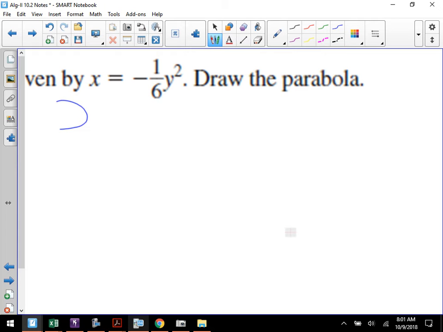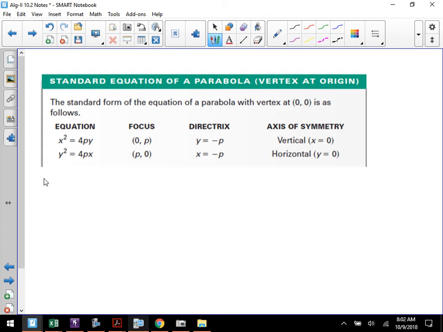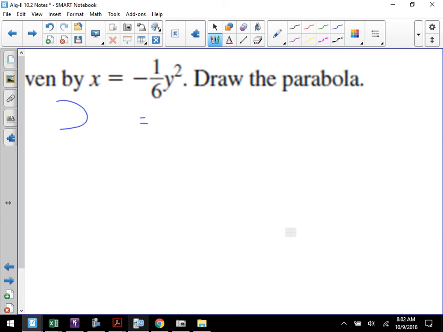Once I do that, I'm going to write down the generic formula. y squared equals 4px. That's my generic formula.